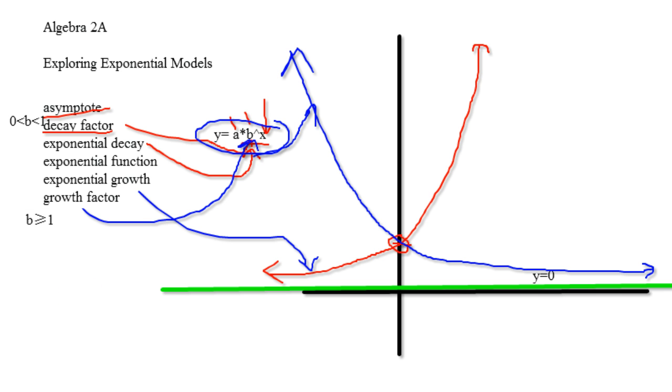Okay, so that's as simple as that. Alright, now that's probably leaving a lot of you guys with, oh, what's a? Well, a is actually the initial amount. Okay, so as long as you know the initial amount, the growth or decay factor, and then t is usually measured in number of years, you should be good to go on exploring exponential models.